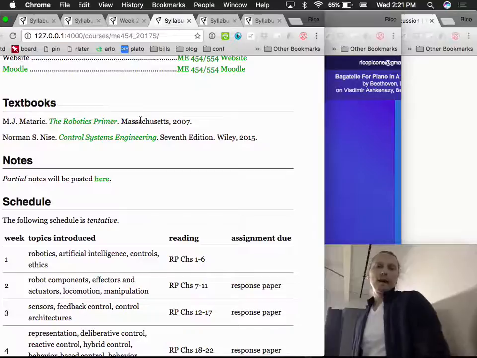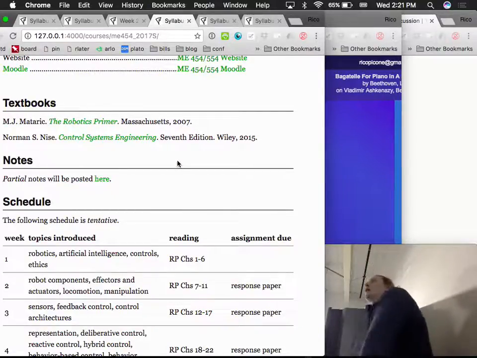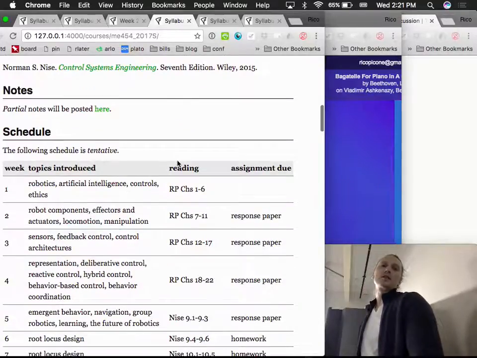So it's pretty good. Then there's the Nice book, which you should still have, hopefully, from your system dynamics course. This is going to give more depth in the control theory and stuff. It hasn't changed editions in a couple of years.